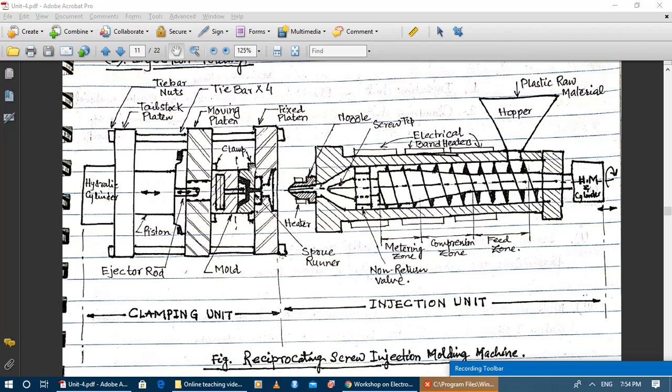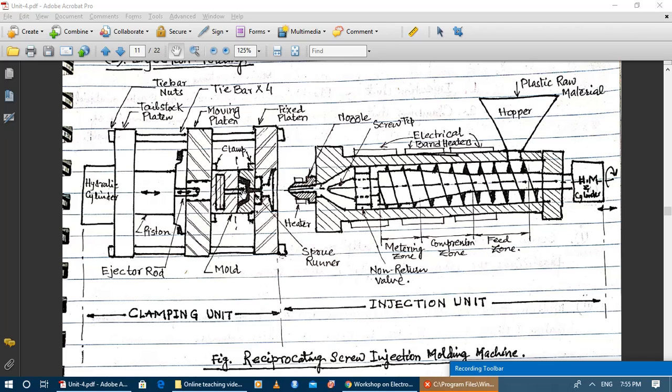One, the part which is attached to the fixed platen is known as the fixed mold half, and the part which is attached to the moving platen is known as the moving half of the mold. And usually the moving half of the mold contains the ejector system. This ejector plate holds ejector pins that connect to the mold cavity, and the ejector rod shown here will move forward and it will push the ejector plate.